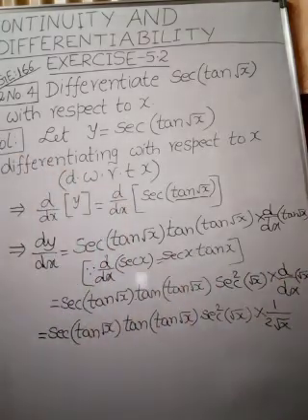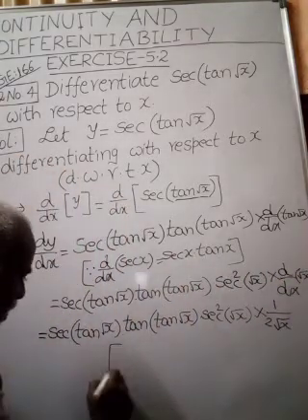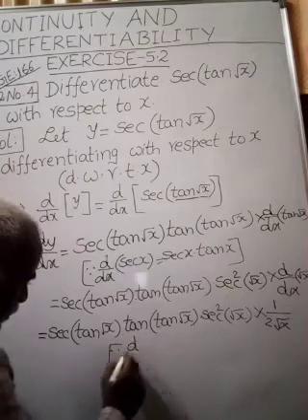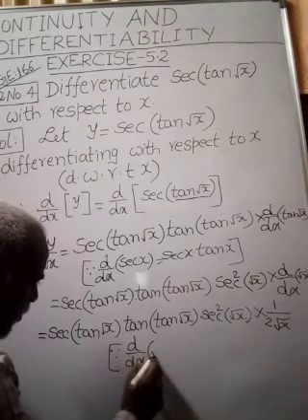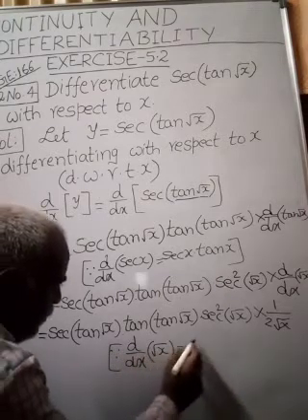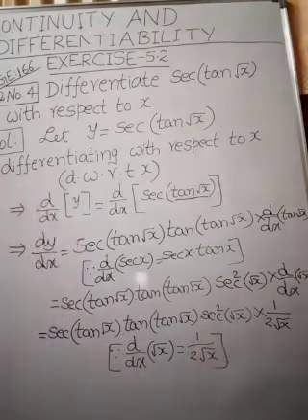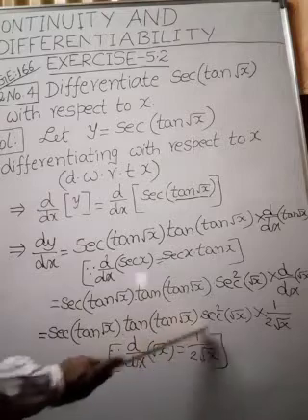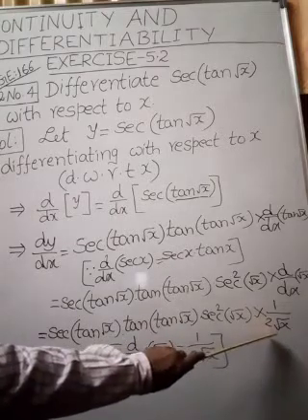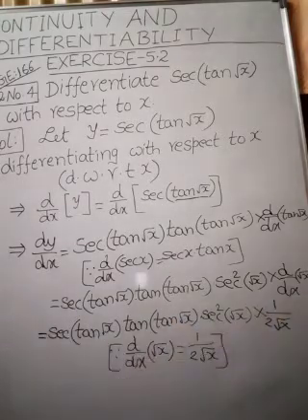So the differentiation part is over, because I am writing here the formula d by dx of root x is equal to 1 by 2 root x. Now we write the given function in a particular order.